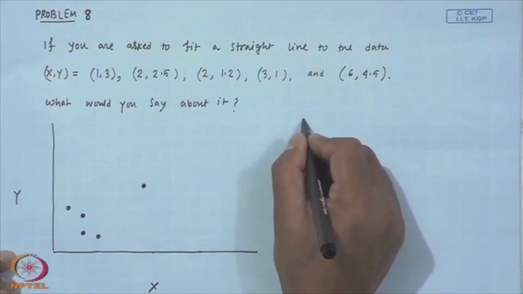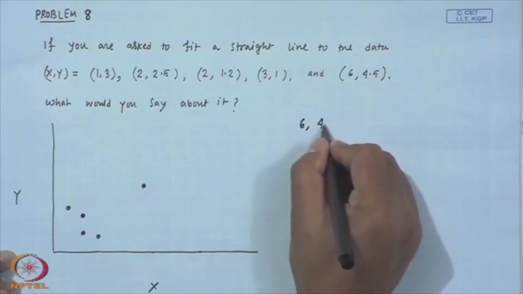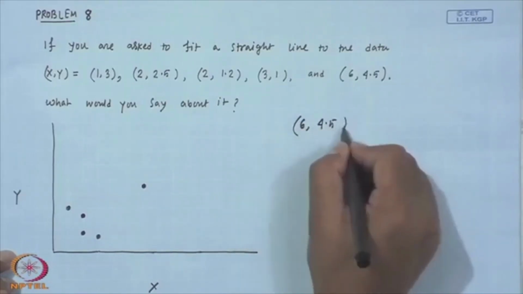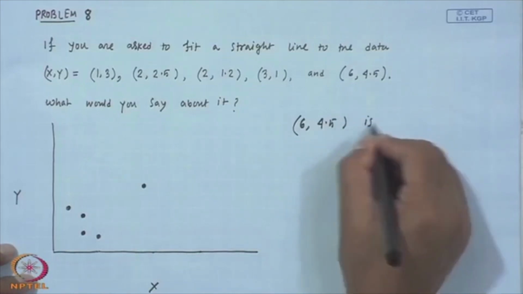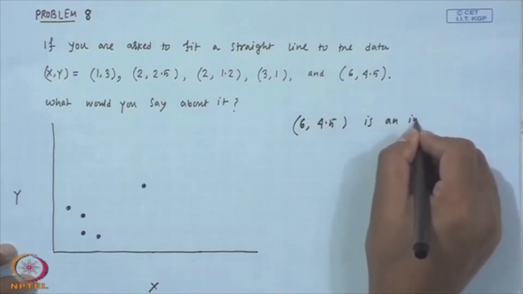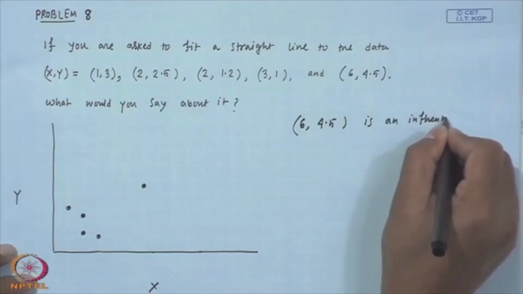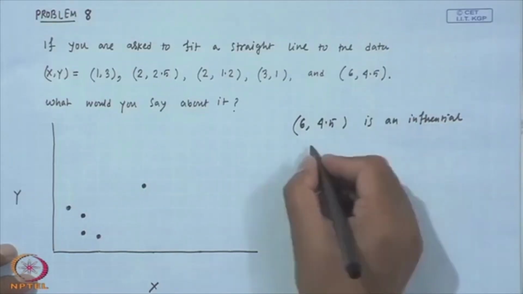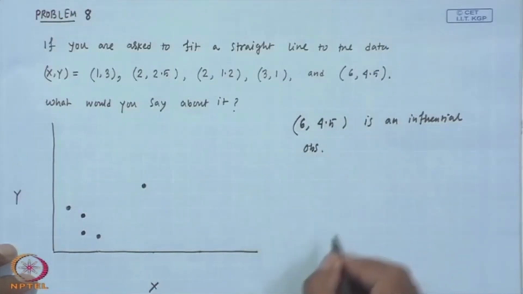So, 6, 4.5 is an influential observation, right.